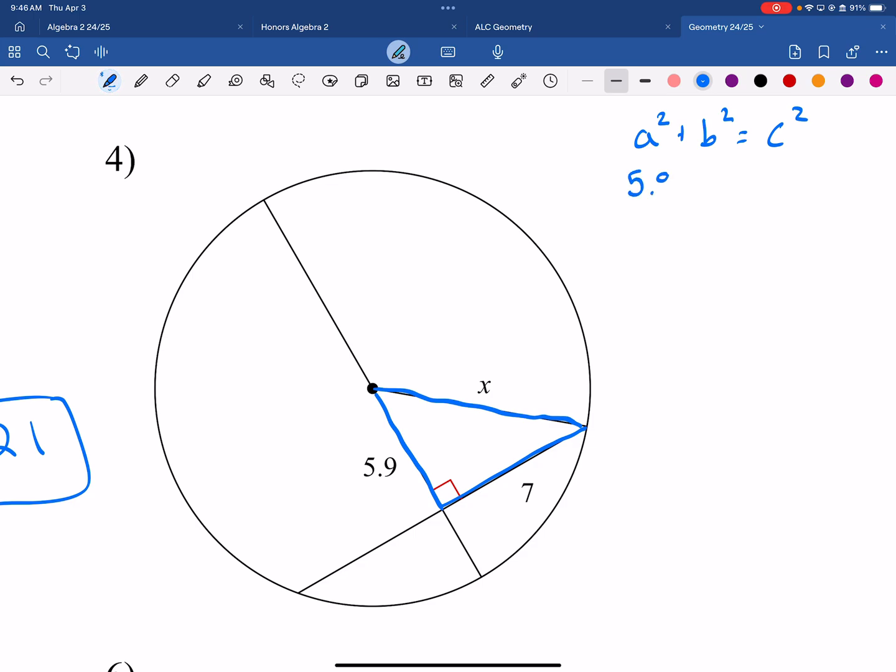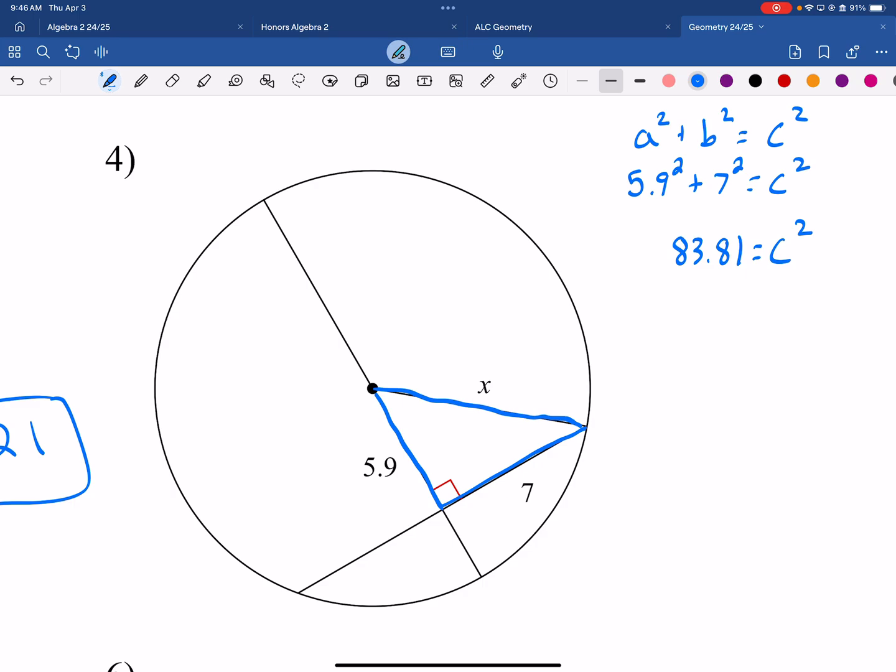So 5.9 squared plus 7 squared has to equal c squared. 5.9 squared plus 7 squared, I hate this calculator, 83.81. So that's 83.81. That's equal to my c squared.